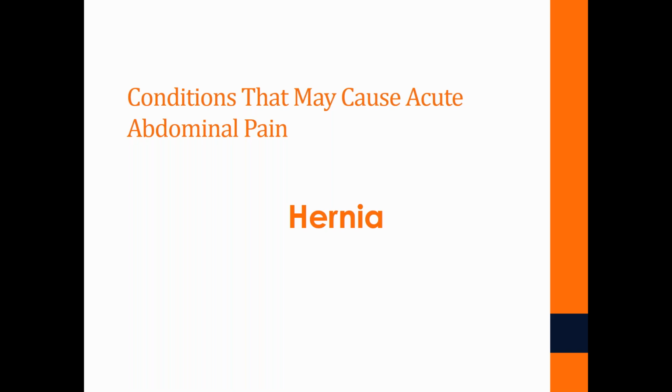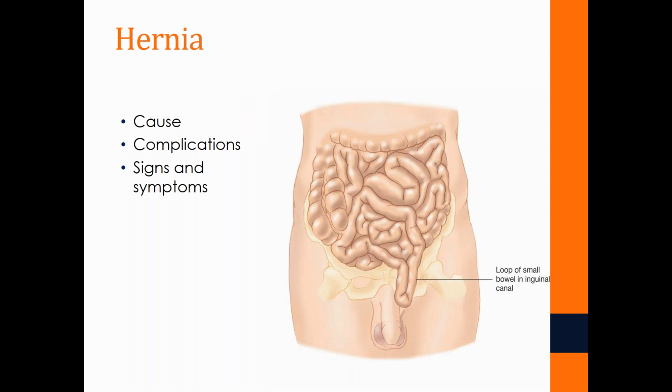Next thing we're going to talk about here is a hernia. Hernias can be kind of god awful to look at if you really want my honest opinion. A hernia occurs when there is a tear in the abdominal muscle that allows a loop of bowel to poke out through that hole. You'll see this great big giant bulge of actual abdominal contents poking out through the tear in that abdominal muscle.